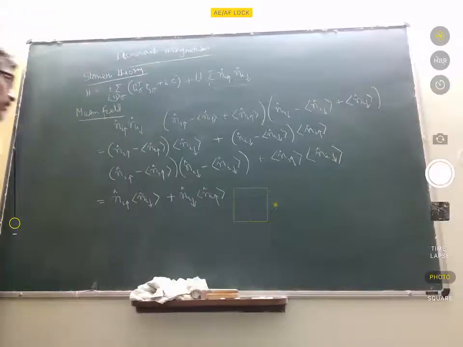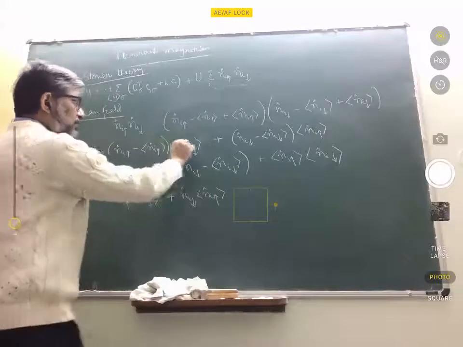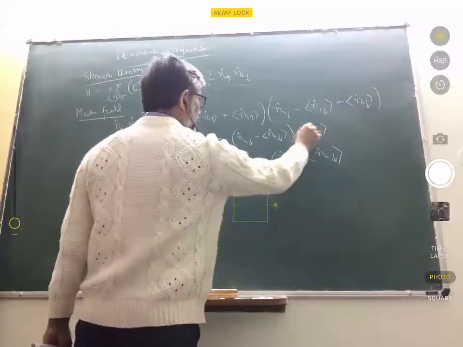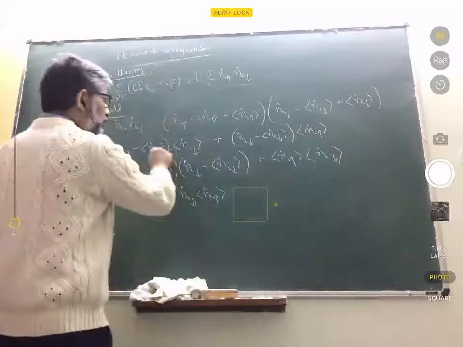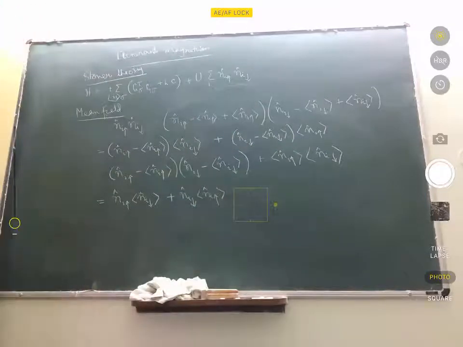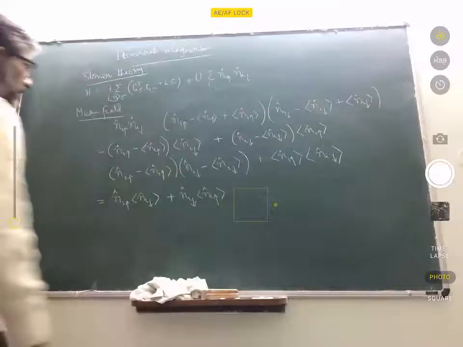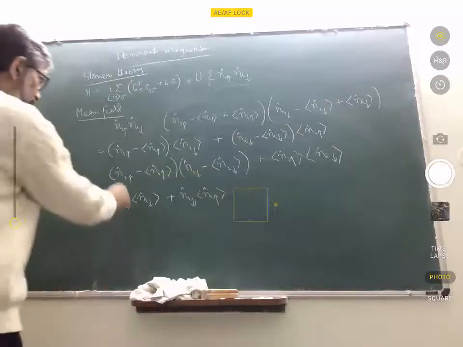What remains from here is a product of expectation values, the same quantity here and the same quantity here. So two come with minus signs, one with plus sign. So finally, I'll get a product of the expectation values with a minus sign. And then I have this term.